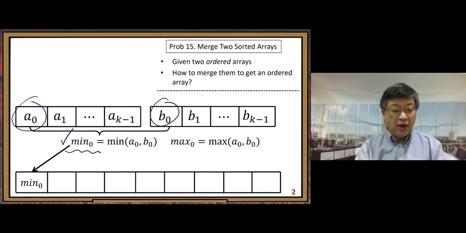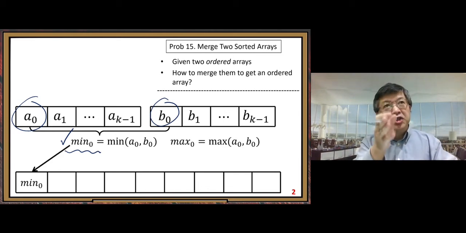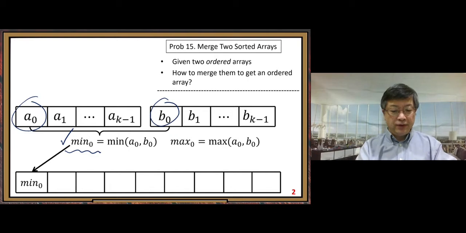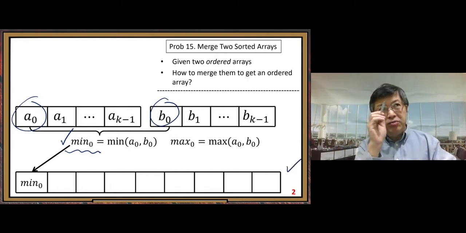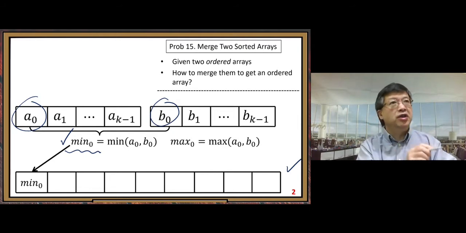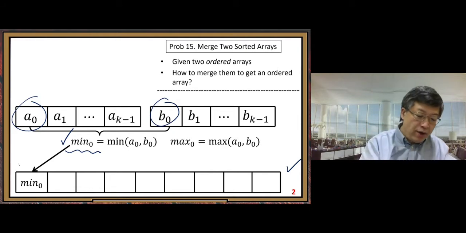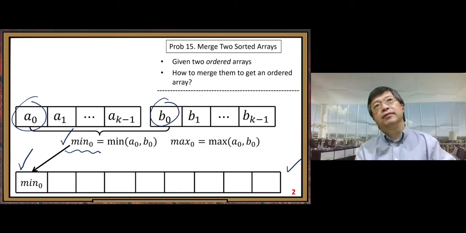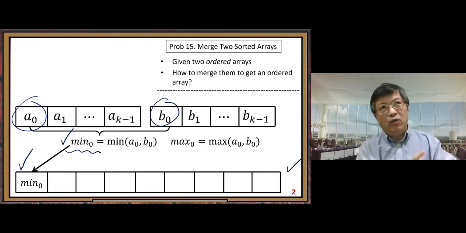That's the first element of our destination array. So this is our destination array. Min 0 is the smallest of all, so it is the first element in the destination array, and we put it in place. One comparison, one element in place.